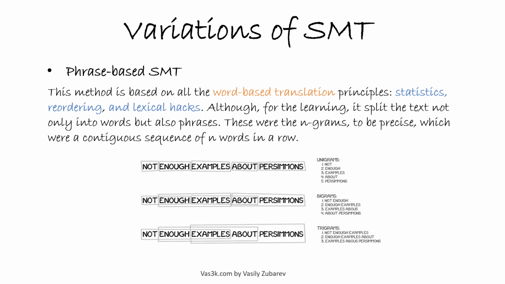And this method is based on all the word-based translation principles, like statistics, reordering, lexical hacks. Although for the learning, it splits the text not only into words but also phrases. And these were the n-grams, to be precise, which were a continuous sequence of n words in a row, right? So we might have heard about n-grams, where unigrams, bigrams or trigrams are used to understand the word-based features, and also the ordering and the lexicography of words.